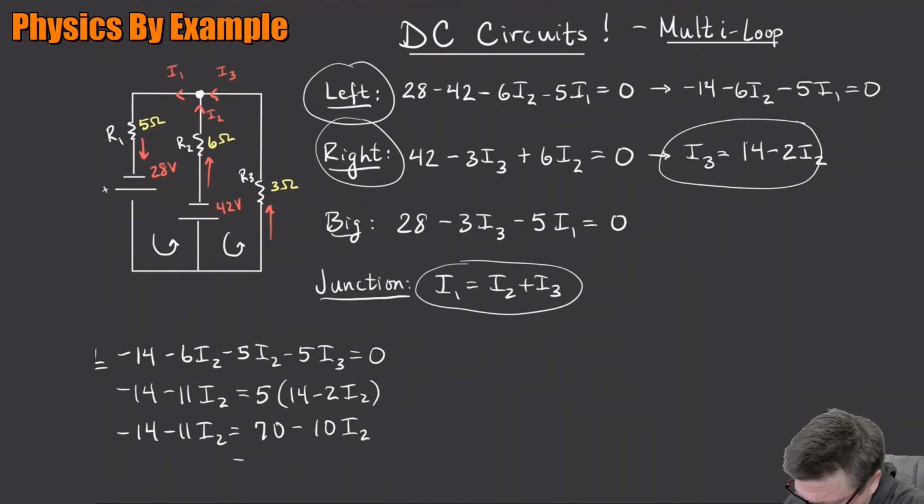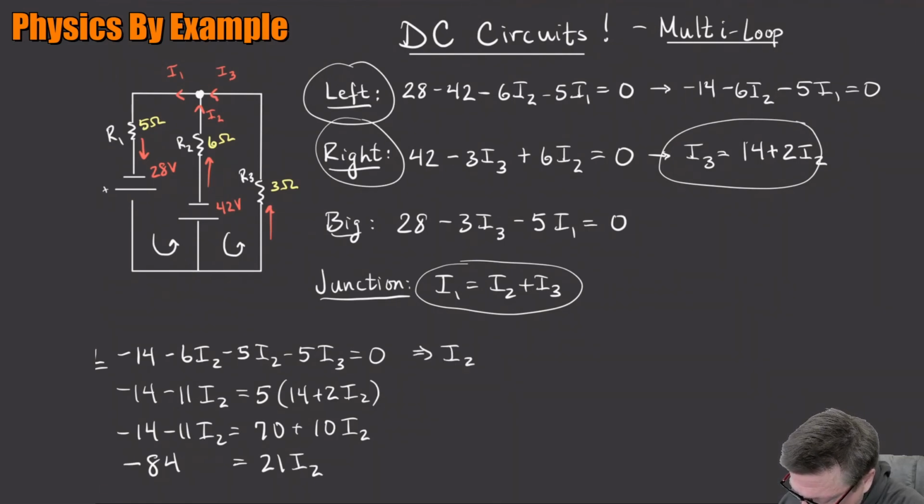Let's see, so I2 is going to equal, let's see, I got 1470 minus 84. Oh, I made a sign mistake, didn't I? Up here, that should be 14 plus. See how easy it is to make a mistake. 14 plus 2 I2. Okay, so that's going to be a plus and a plus. So if I add this to the other side, this is going to be 21 I2.